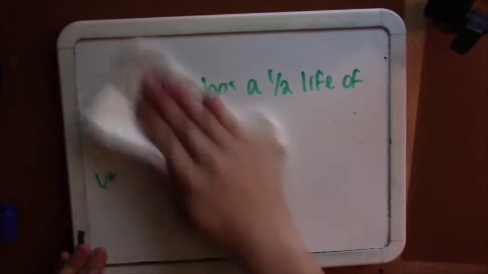So, it is important to remember that in the same amount of time, during each half-life, a substance will lose half of its remaining unstable nuclei.